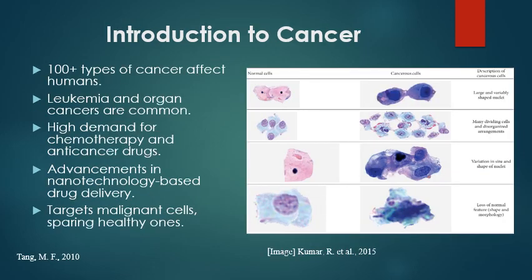There are over 100 types of cancer that can affect humans. Leukemia and organ cancers are the most common. There is a high demand for chemotherapy and anti-cancer drugs. But some of you may know that those types of treatments can make you, for lack of a better word, sicker than what you were before you were actually sick.